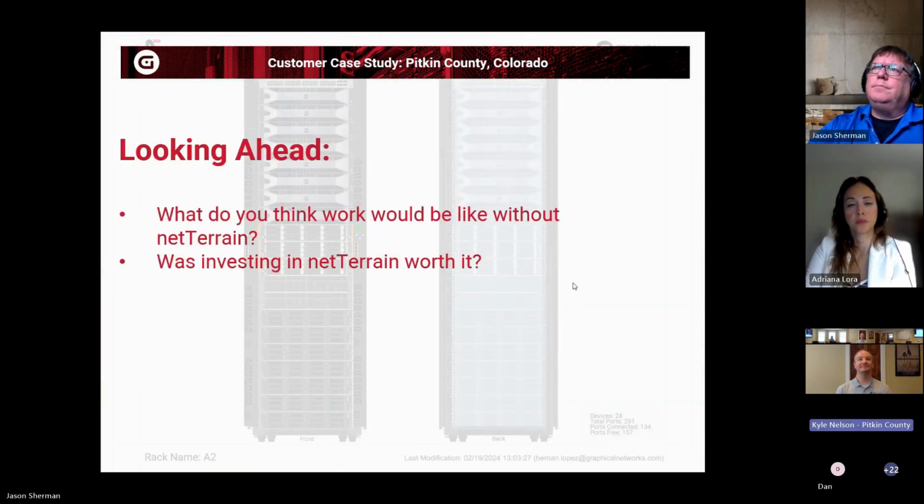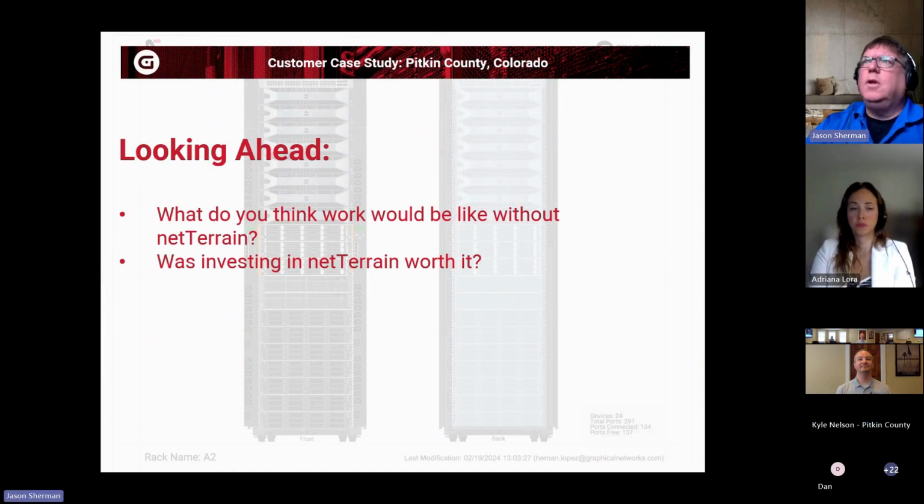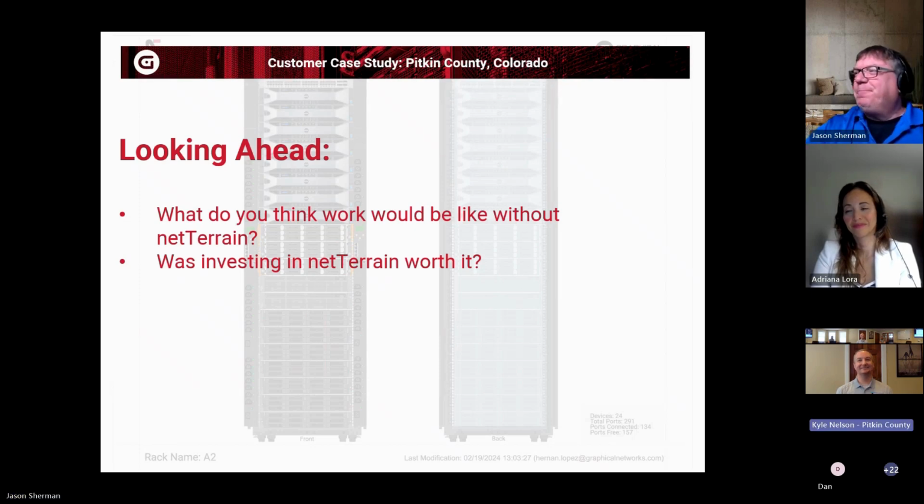Looking ahead with respect to netTerrain, some of these questions, looking back, what would it be like not to have netTerrain if they had to take it away from you, and was investing in netTerrain worth it?